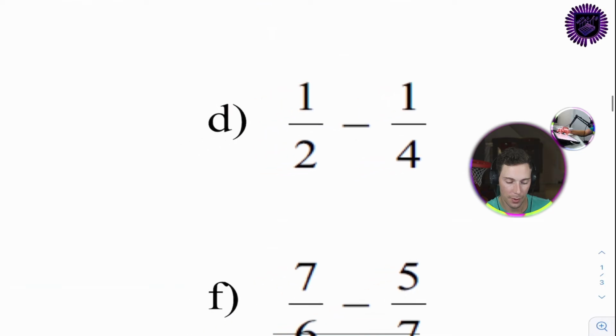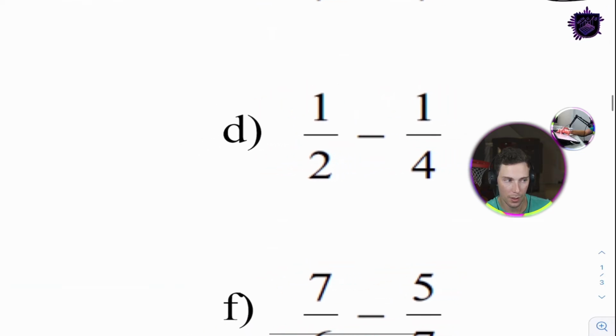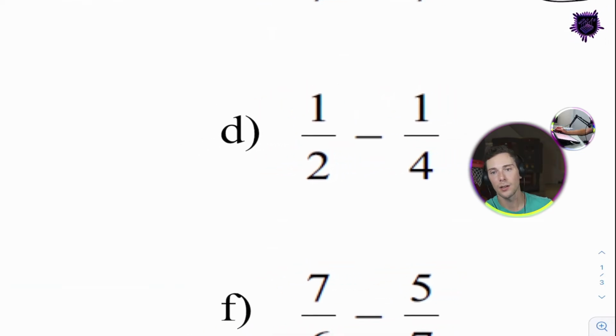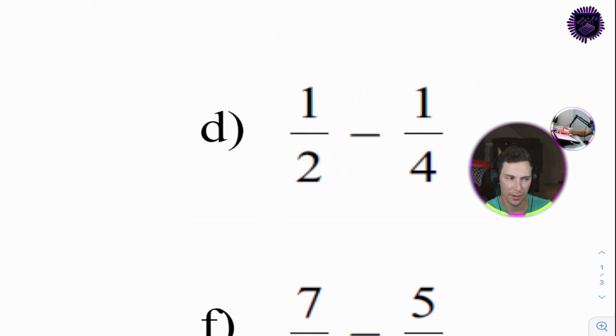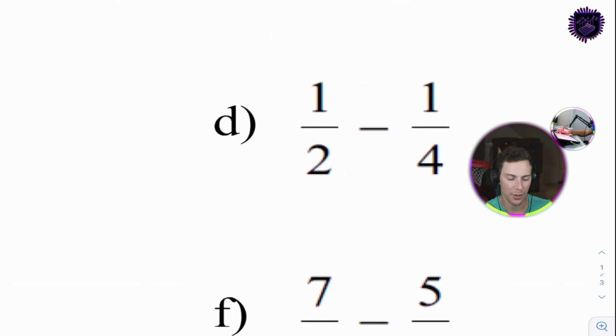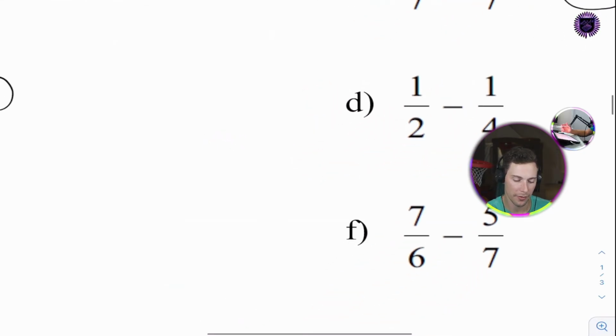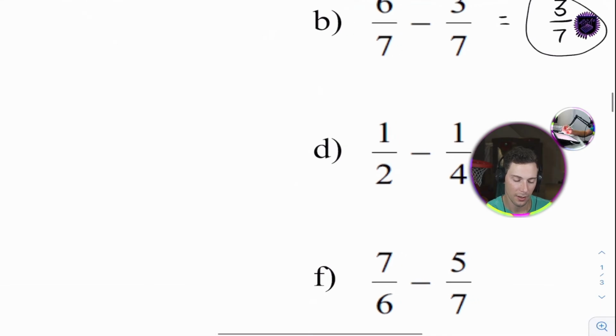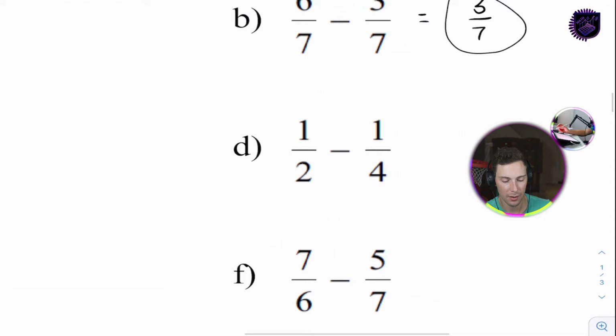Okay, so we have 1/4 and 1/2. 1/2 minus 1/4. So again, they definitely both have even numbers. They have some common factors. I'm going to skip the ladder method. These are so easy to work with. We're just going to go, how do I turn 2 into a 4, because that's the lowest common multiple of these two numbers.